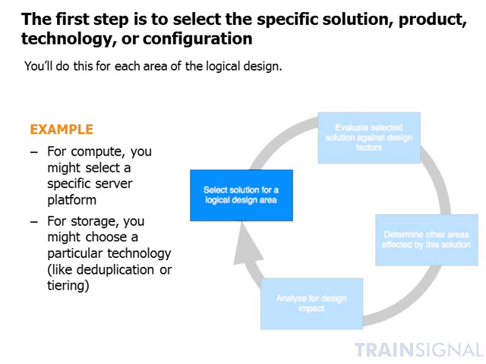If you're mapping solutions in the logical compute design, then you might be selecting a specific server platform or a specific server form factor. We'll go into that in more detail when we delve into specifics around how we map the logical compute design onto actual physical compute solutions in another lesson.